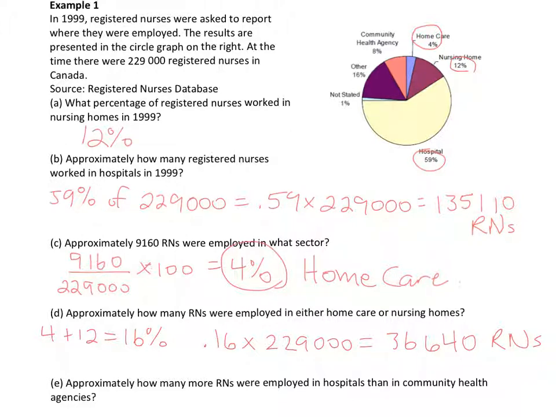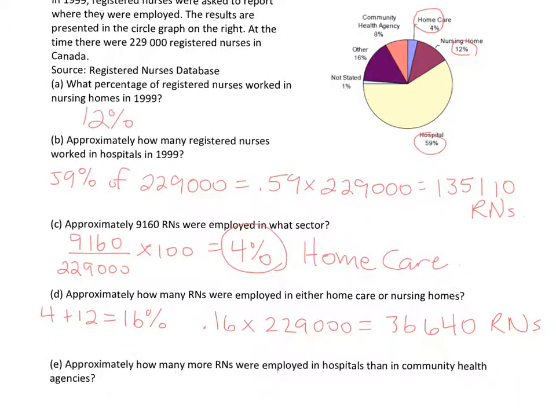And then let's look at question E. Approximately how many more RNs were employed in hospitals than in community health agencies? So hospitals were 59%, community health agencies are 8%. So let's take a look at the difference so that we can calculate how much that is. There's two ways to do that. Since we already have the number of nurses in hospitals from question B, we could find the number of nurses in community health agencies and then subtract, or we can subtract the percentages first, which is the method that I've chosen to do.